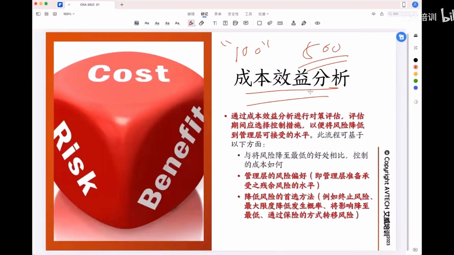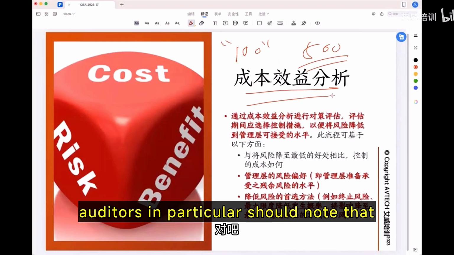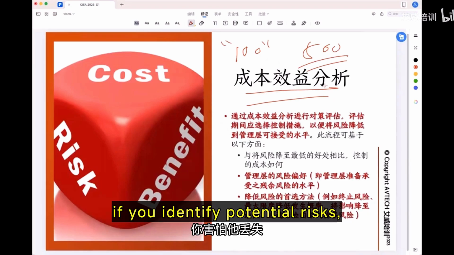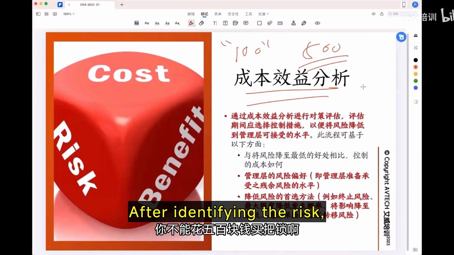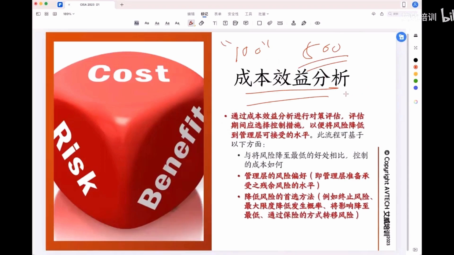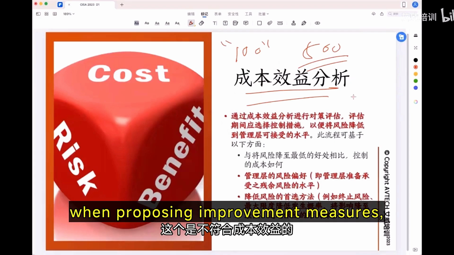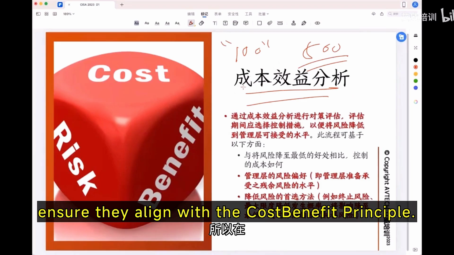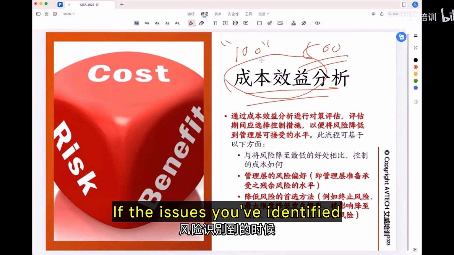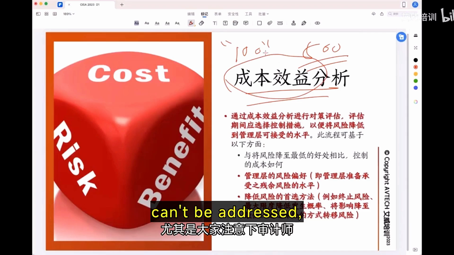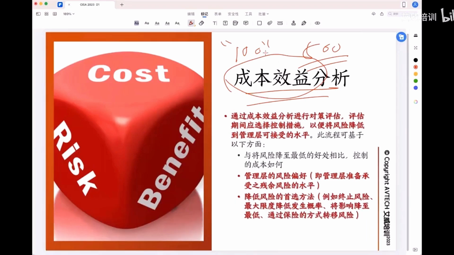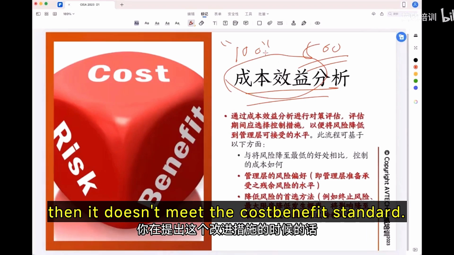When it comes to risk assessment, auditors in particular should note that if you identify potential risks, after identifying the risk, when proposing improvement measures, ensure they align with the cost-benefit principle. If implementing changes would be too costly, then it doesn't meet the cost-benefit standard.